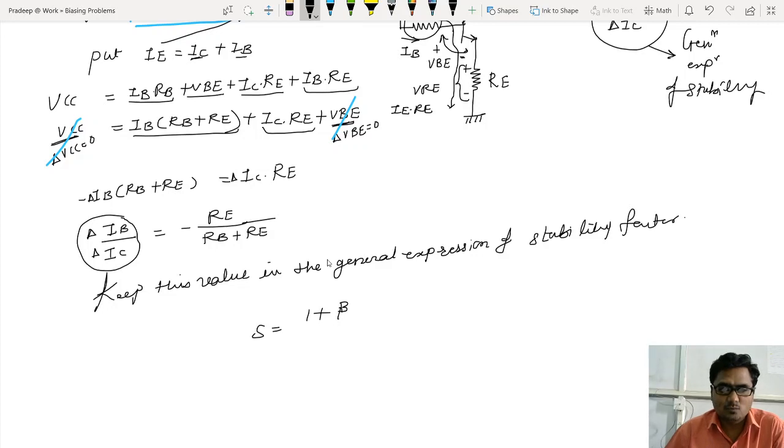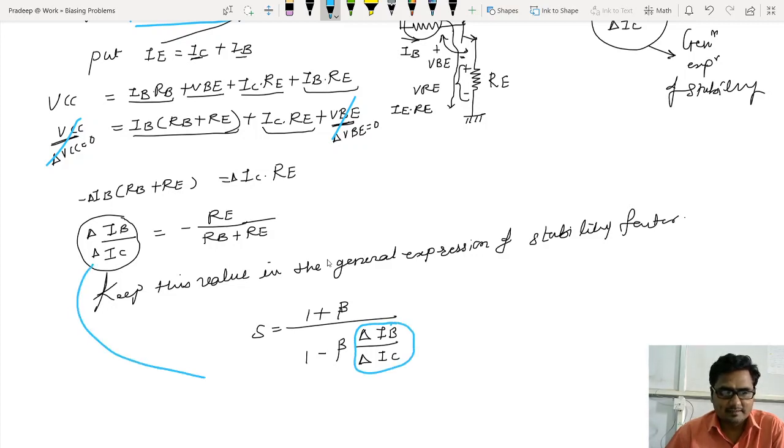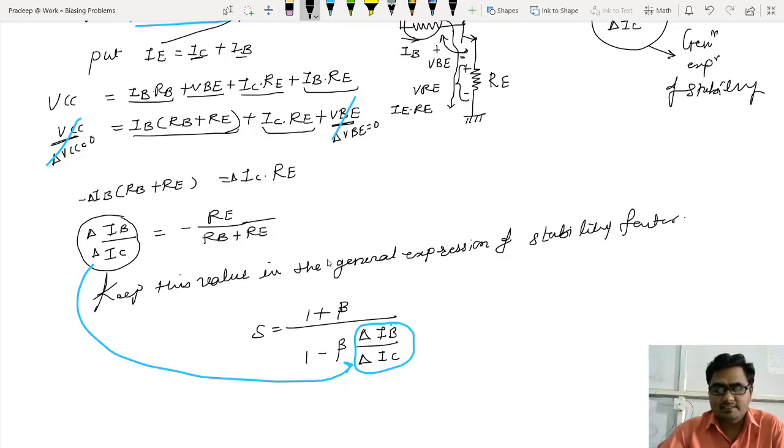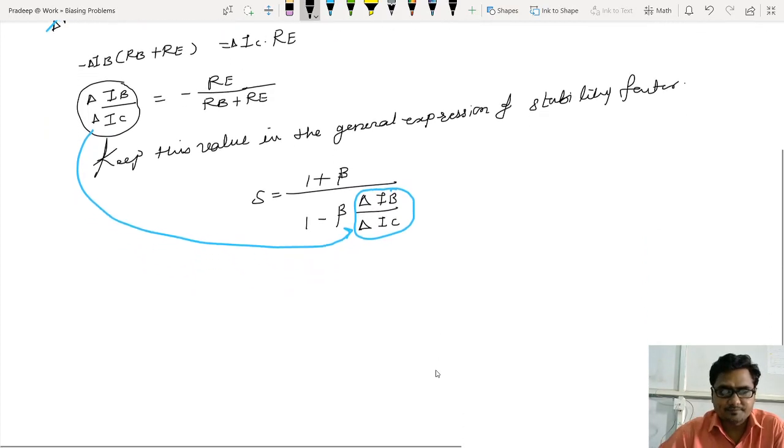Let me write. It is 1 plus beta divided by 1 minus beta multiplied by delta IB divided by delta IC. Now this term we have to replace with this.